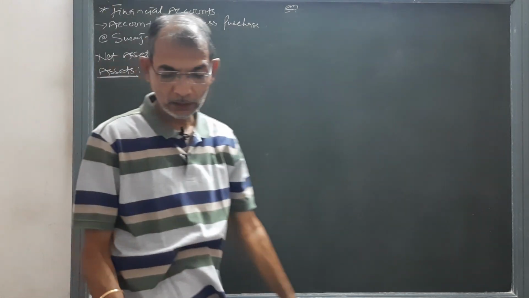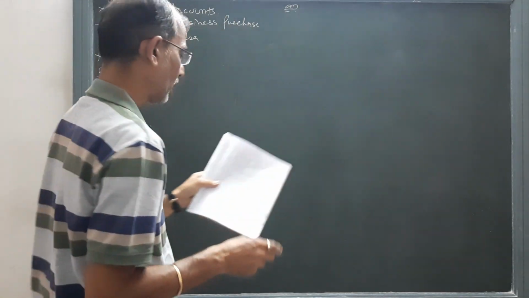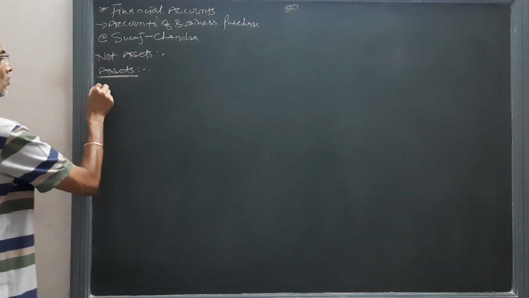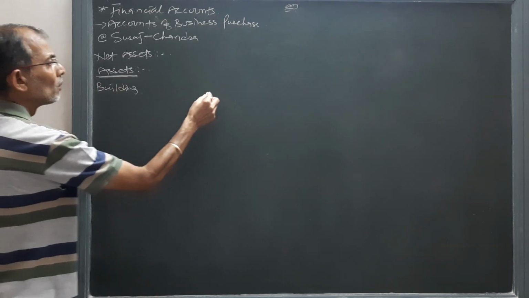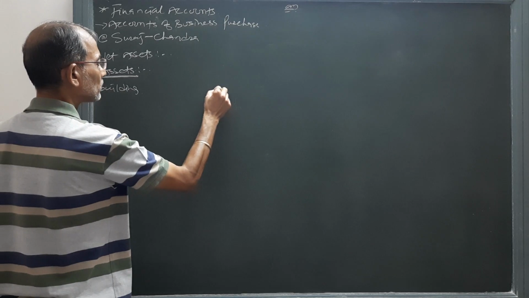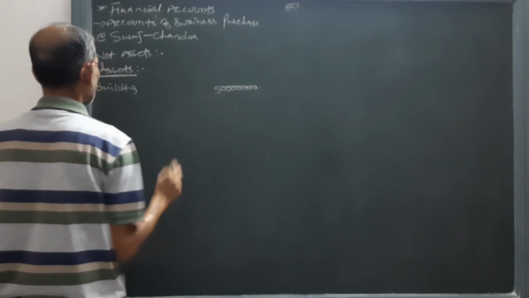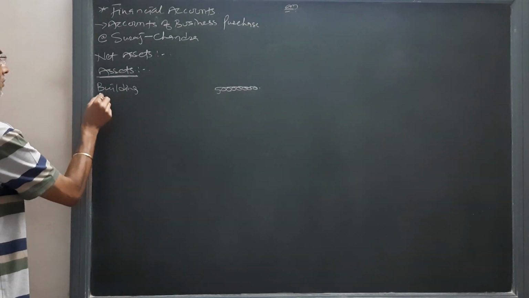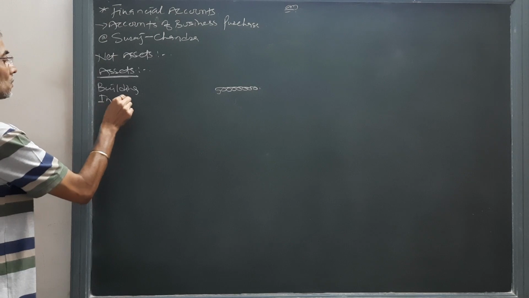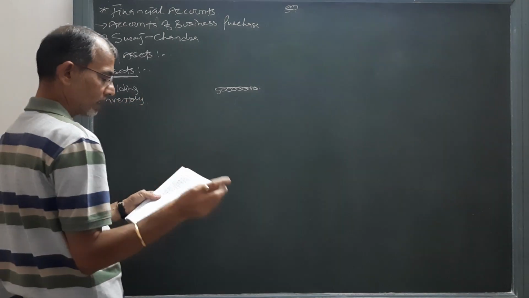Now as in the additional information it has been said that a building is to be valued at 5 crore. Building will be valued at 5 crore. Then after inventory, that is to be valued at 80 lakh.